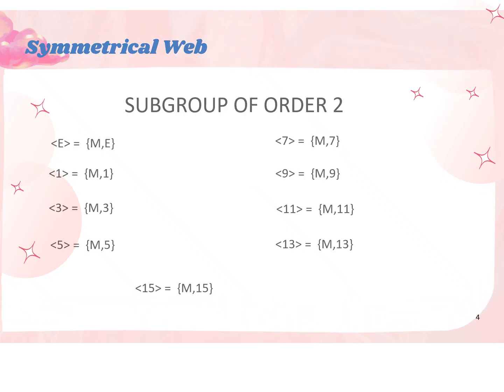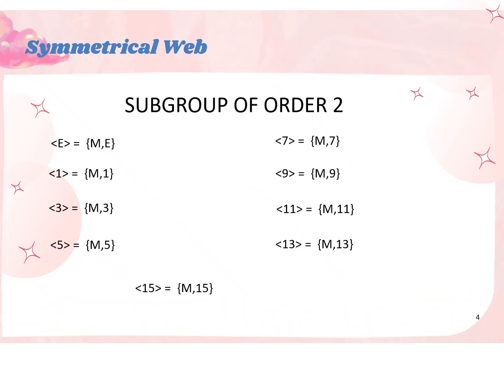Now, the subgroups of order 2: under the generator E, containing the elements M, E; and 1 containing the elements M, 1; and 3 containing the elements M, 3; and 5 containing M, 5; and 7 containing M, 7; and 9 containing M, 9; and 11 containing M, 11; and 13 containing M, 13.